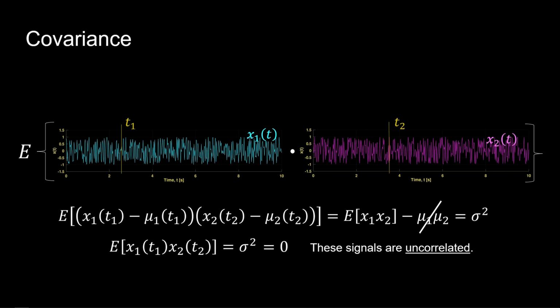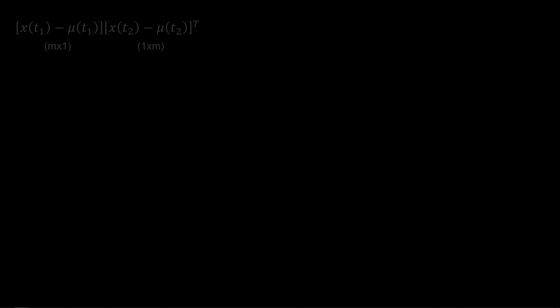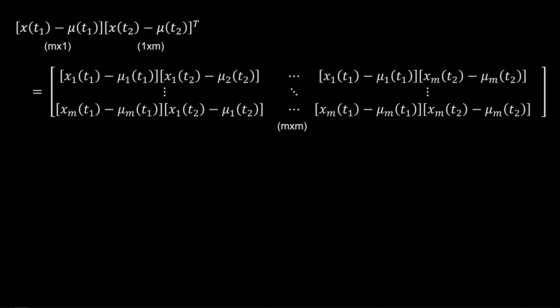Now consider we are dealing with the vector x and its corresponding vector of means. To construct all possible product combinations, we take the outer product of the 2 vectors, producing an m by m matrix.